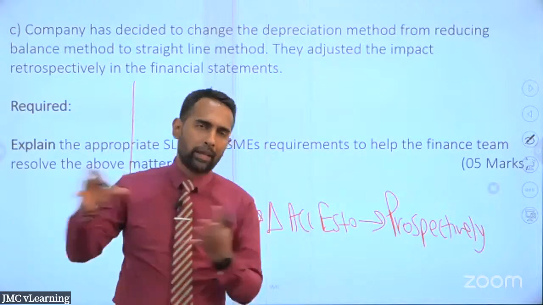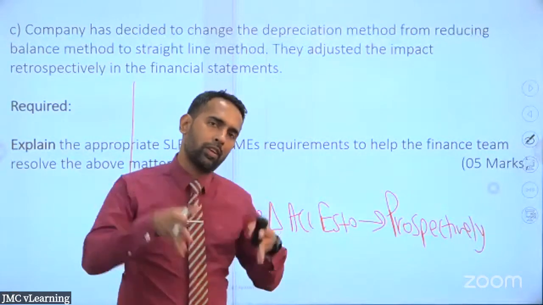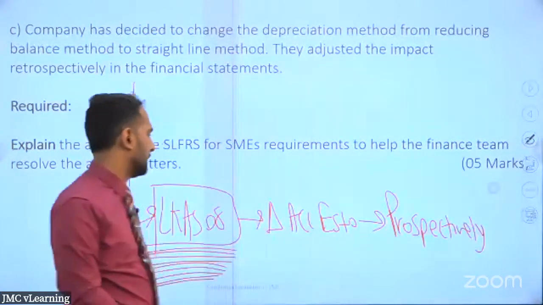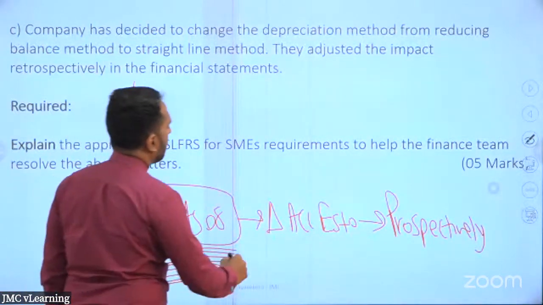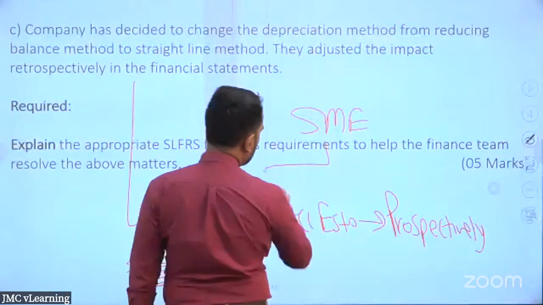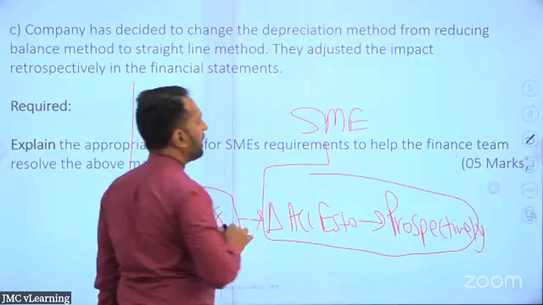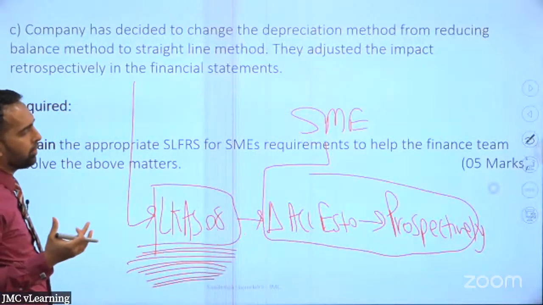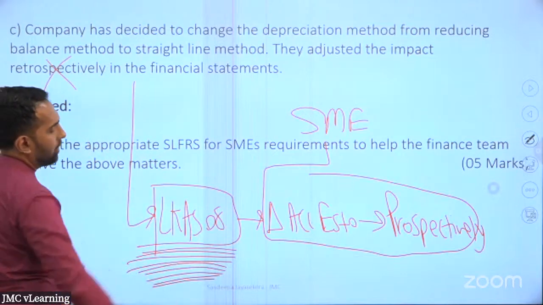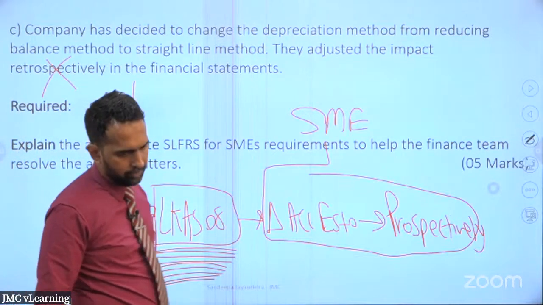You have to change from the current year and to the future. That is what LKAS 8 says. The same thing is applicable to SME. In the SME, they say the same thing. Changes in accounting estimates: you cannot go back and change. You have to adjust it prospectively.